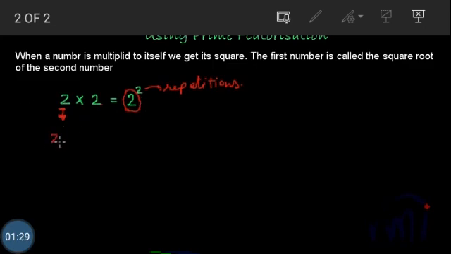And suppose if we have 2 multiplied by 2 multiplied by 2 multiplied by 2, here 2 is getting multiplied by itself 4 times. So here it will be written as 2 to the power 4. 4 is the number of repetitions, and which number is getting repeated? This 2, right? 2 is getting multiplied by itself 4 times, so we write it 2 to the power 4.